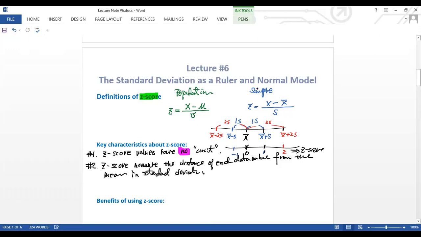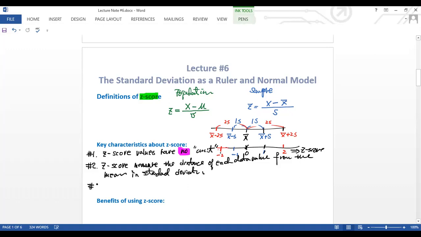You will get -1 and -2 here, right? That's what the Z-score means. It's very, very important. The Z-score is the measure of the distance from the mean in standard deviations. If the Z-score is 1, I'm 1 standard deviation from the mean.